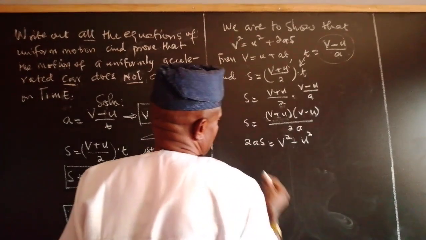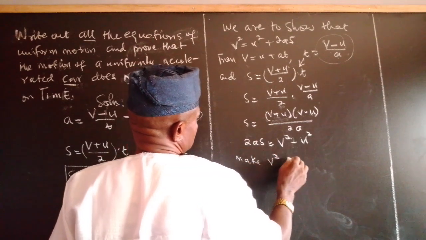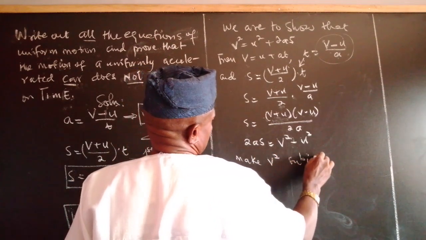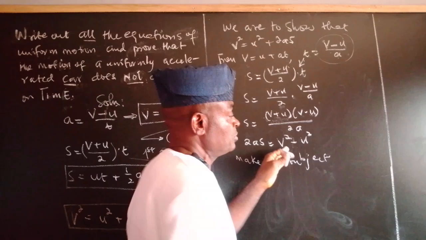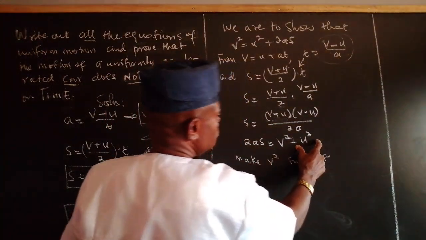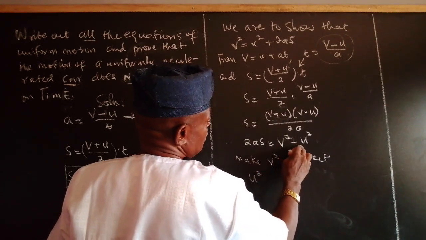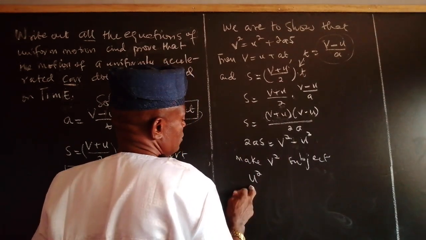That's what it means. So make v squared the subject. In other words, make it stand alone at one side of the equation. So we take minus u squared to the other side. What it means is when this minus crosses the equality sign, it becomes positive.